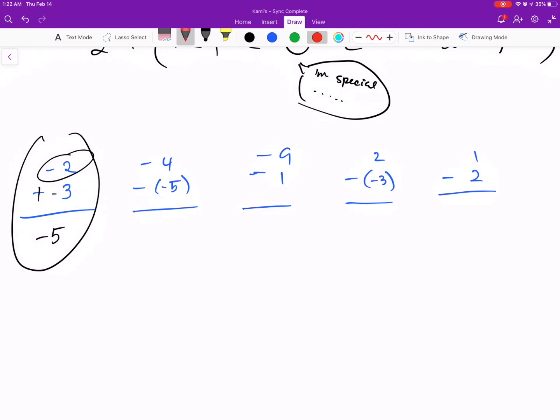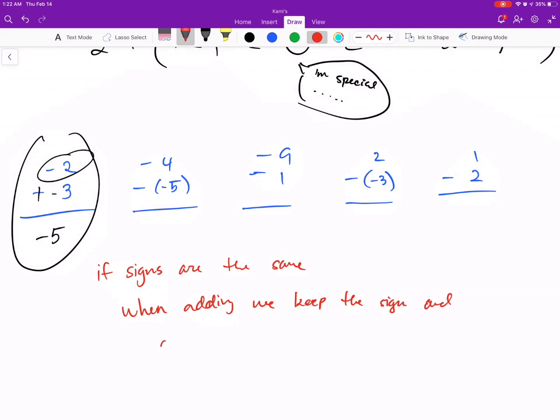So, if signs are the same, when adding, we keep the sign and add the numbers.